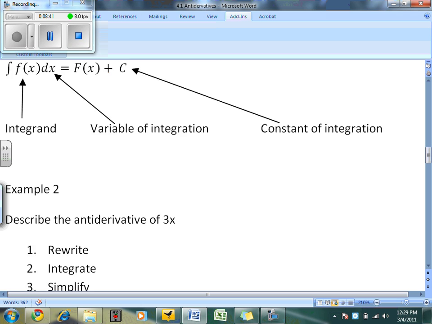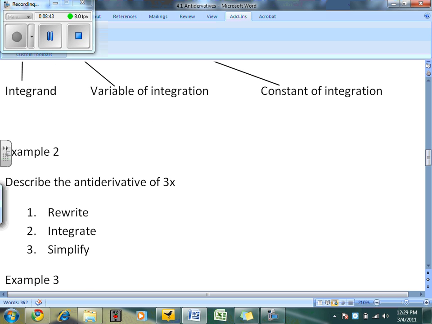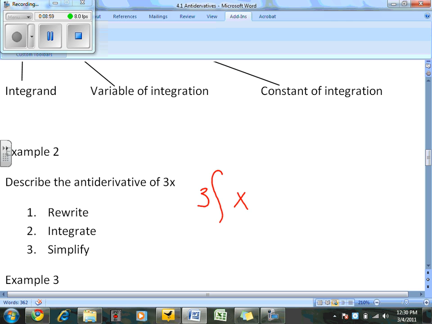All right. So example 2 here. Describe the antiderivative of 3x. All right. So the antiderivative means the integral. So we're going to rewrite 3x just like derivatives. We'll pull our constant out and multiply it by the integral of our variable. So what is the integral? If I were to take a derivative and just get x, I would have had to have something first.